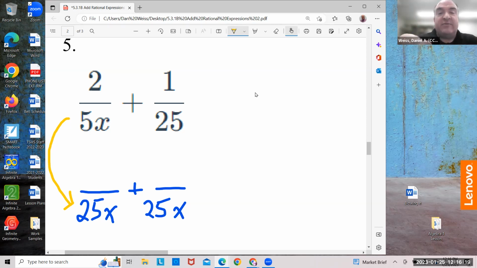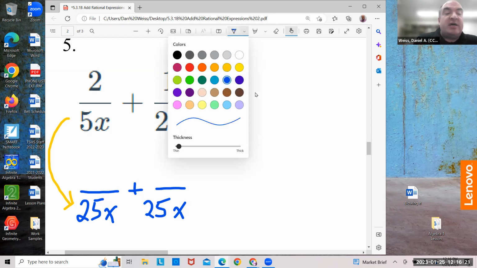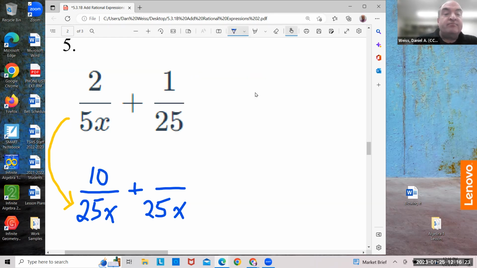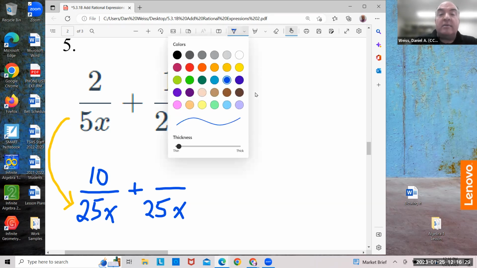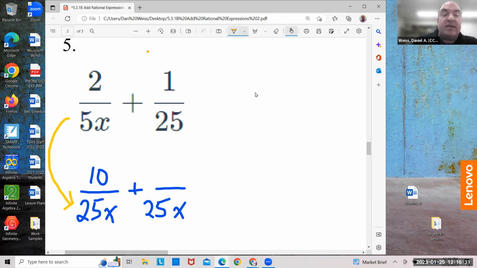So what's 2 times 5? 2 times 5 is 10. 25x, I'm sorry, 25 times what makes 25x? 25 times x makes 25x, right? So what's 1 times x? 1 times x is x.